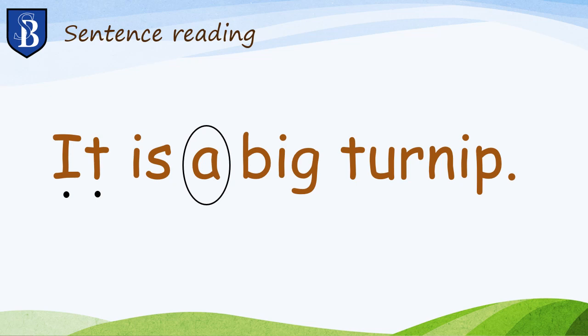It, is, it is a, big, it is a big, turnip, it is a big turnip. Can you show your adult where the digraph is? Well done if you pointed to the digraph with the sound line underneath it.